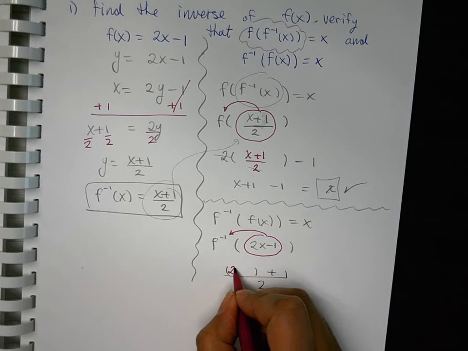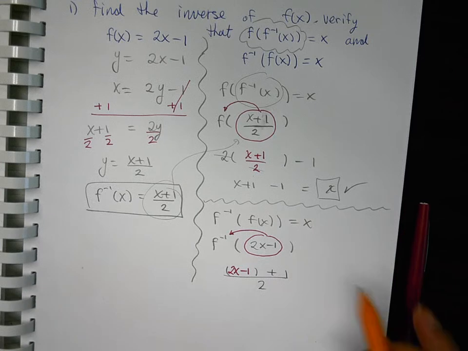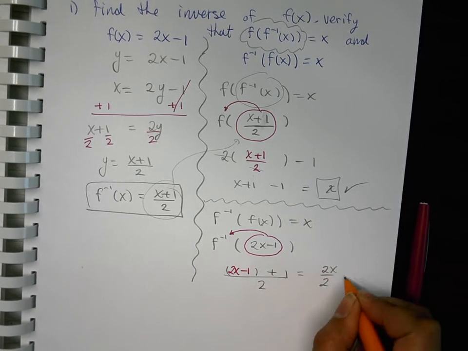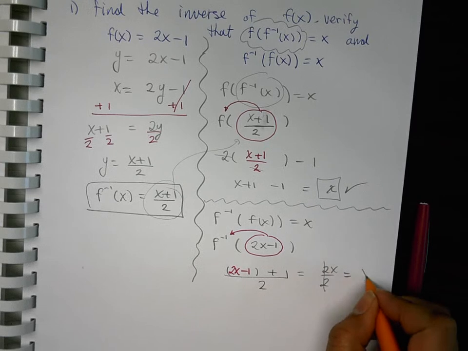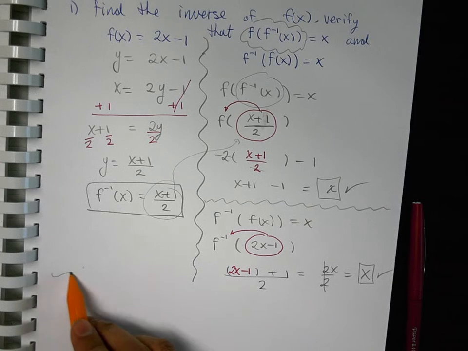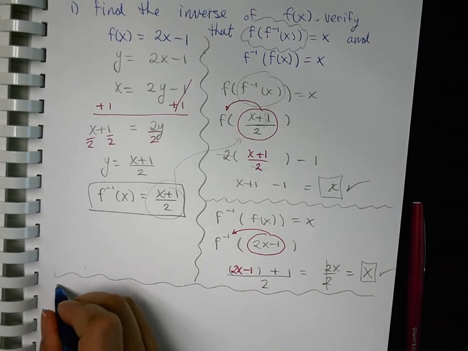What do I put in the blank spot where x used to be? Good job. 2x minus 1 plus 1. What is 2x minus 1 plus 1? 2x over 2. What does that reduce to? x. And is that what we're trying to get?